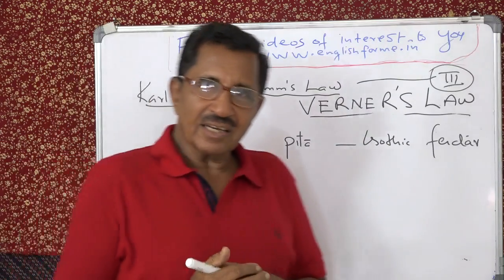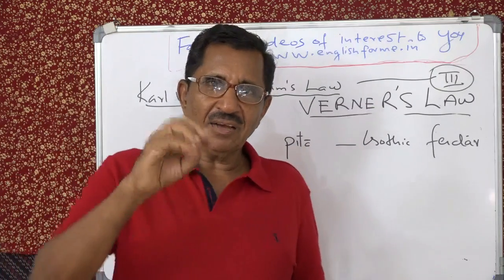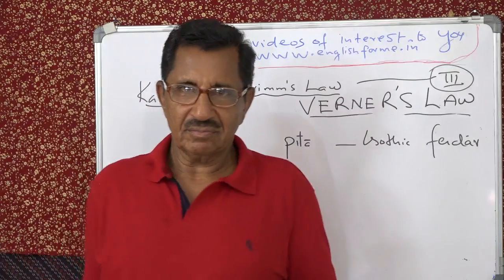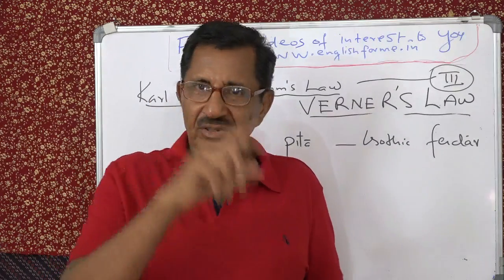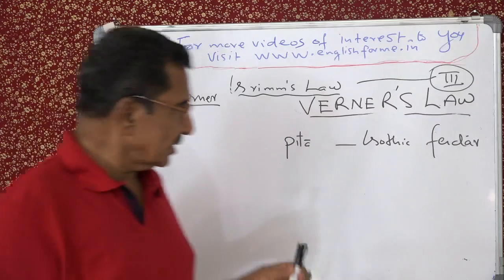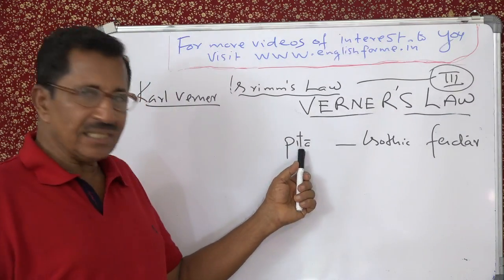The reason given was that Germanic languages have their stress on the root. But Sanskrit is not like that. Here it is not on the root. Root means the first syllable; here it is the second syllable.